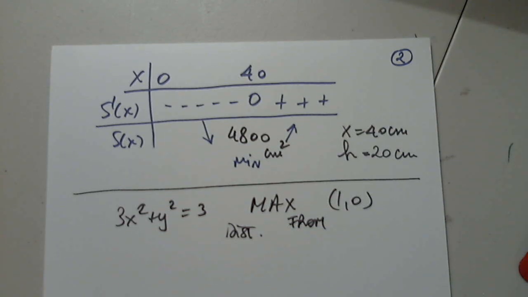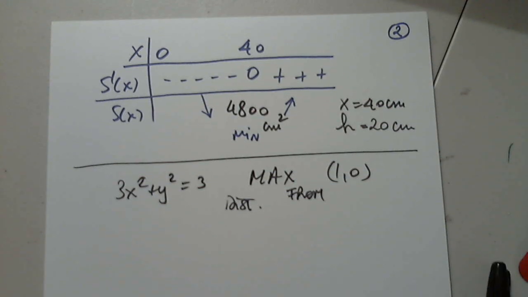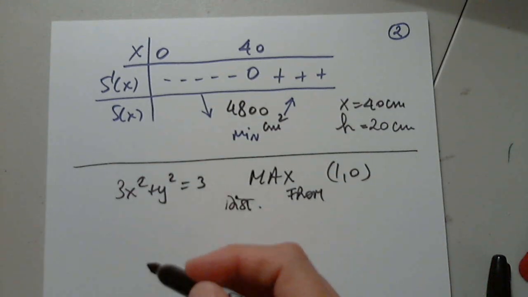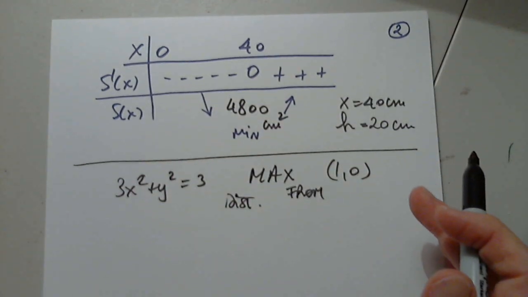So they're asking us to find the points with a maximum distance from this point. Is that correct? Yes, I believe so. It says find the points on the ellipse that are furthest away from the point 1, 0. Perfect. And it has two separate boxes, one for the smaller y value and larger y value.